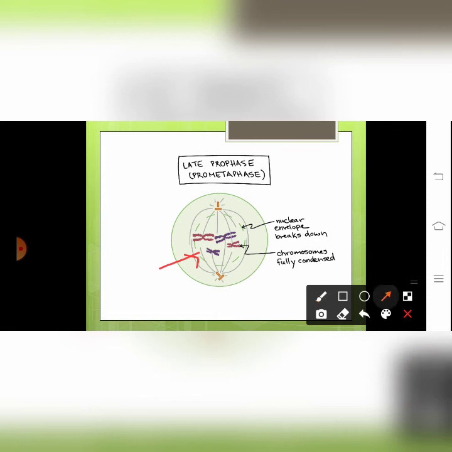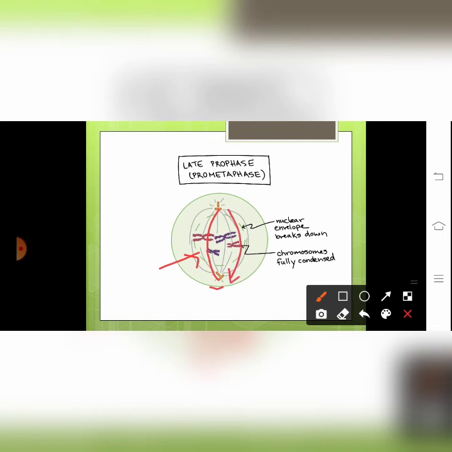From these centrioles, fibers start to arise in early prophase itself, right? As I mentioned, these fibers are of two types: some are smaller fibers and some are bigger fibers. These bigger fibers, you can see here, run from one pole to the other pole, right?